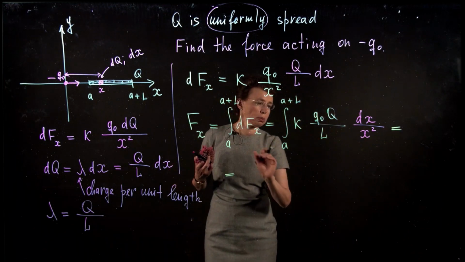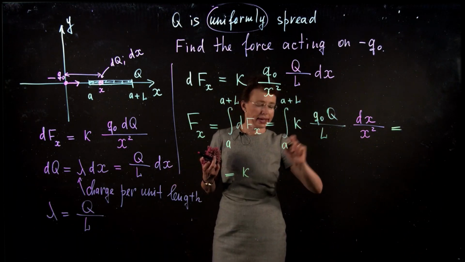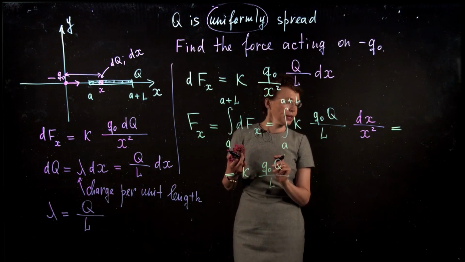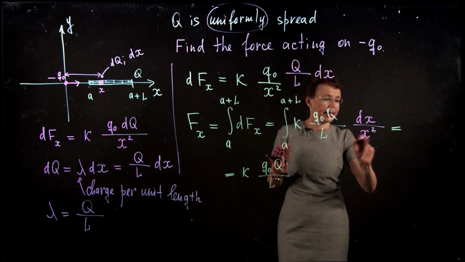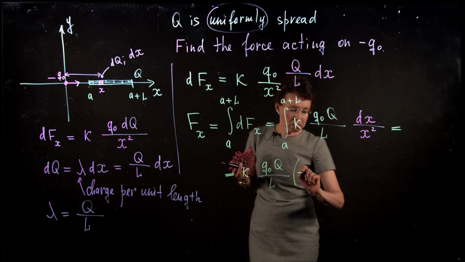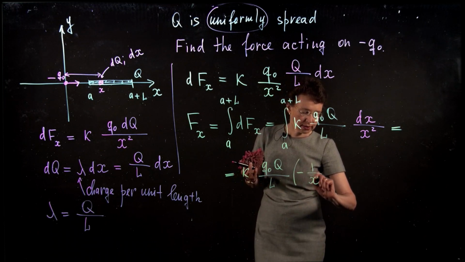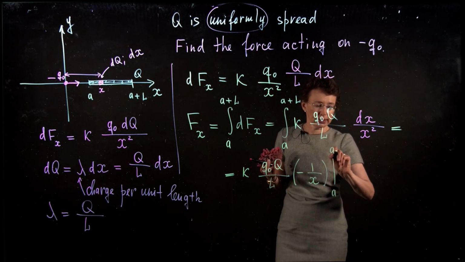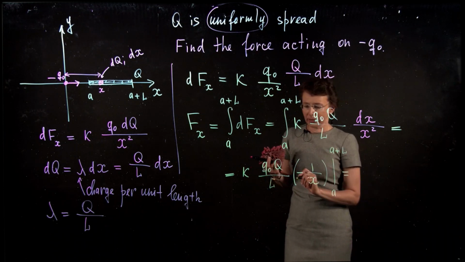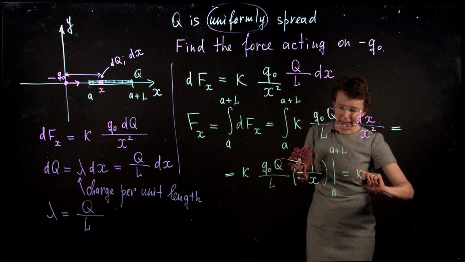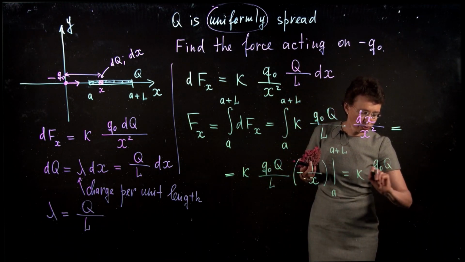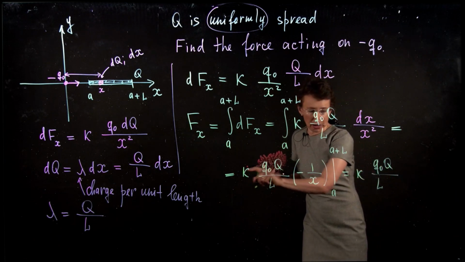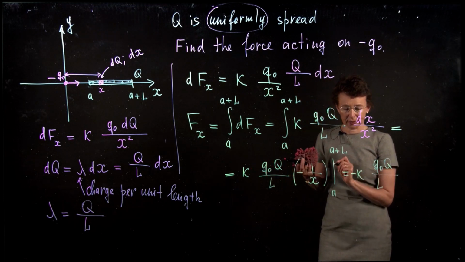We will bring all constants out front. It is k, q naught q divided by L. Then the integral of dx over x squared is minus 1 over x from a to a plus L. This is equal to k, q naught q divided by L. And then I factor out this minus, I bring it in front of k.